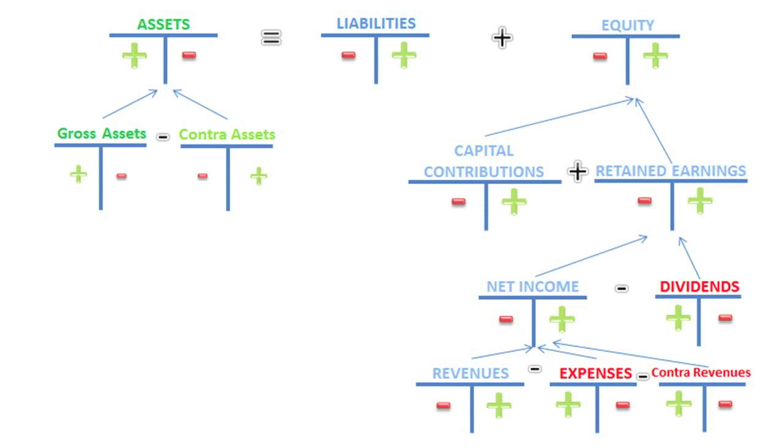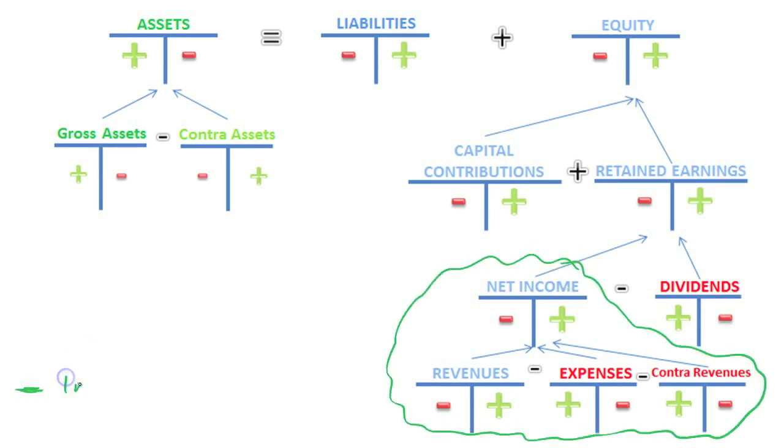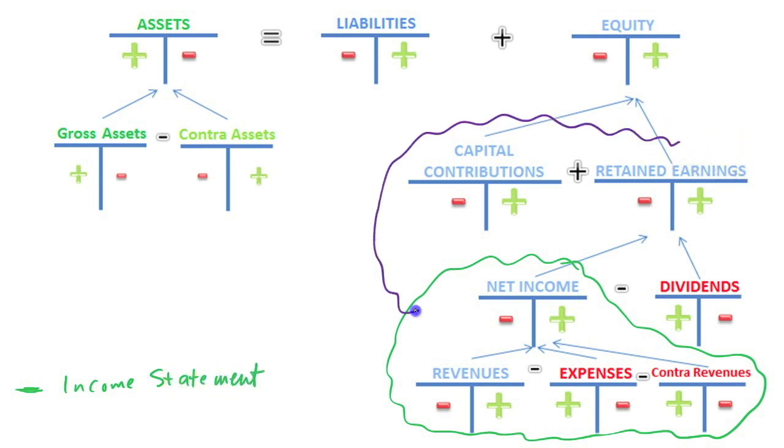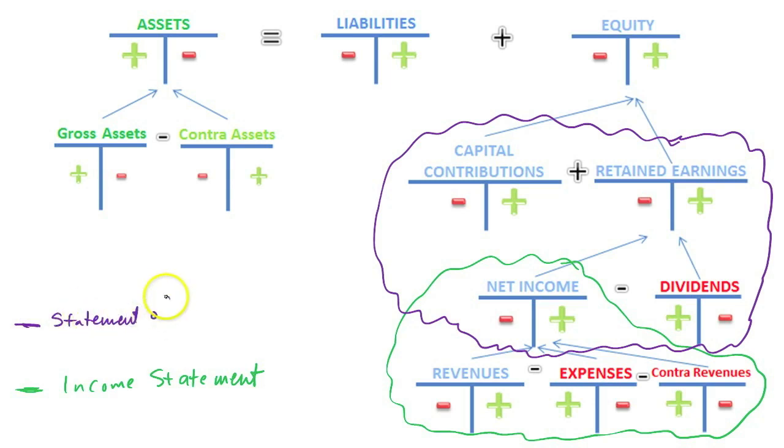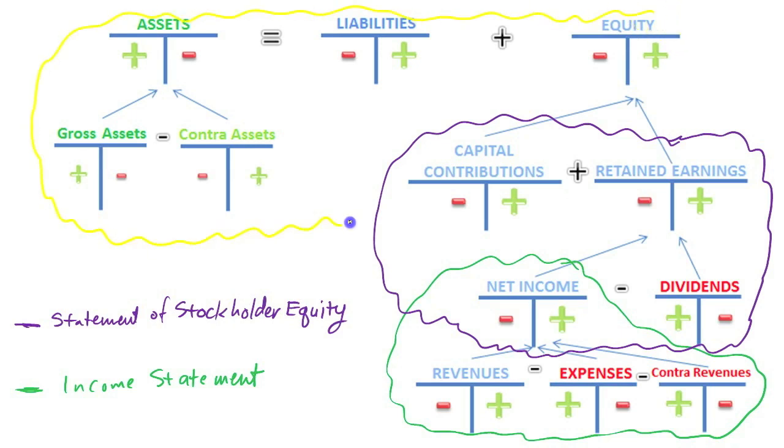Looking at it from the big picture, these accounts here are all used to prepare the income statement. These accounts are used to prepare your statement of stockholder equity. And finally, these accounts are all used to prepare the balance sheet.